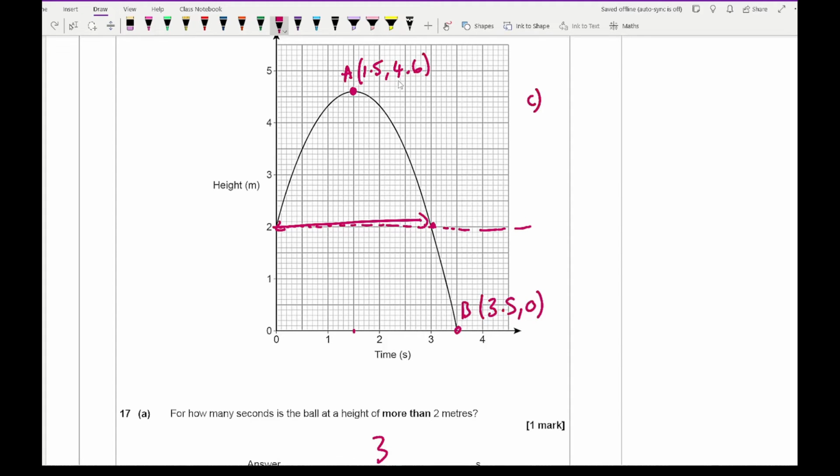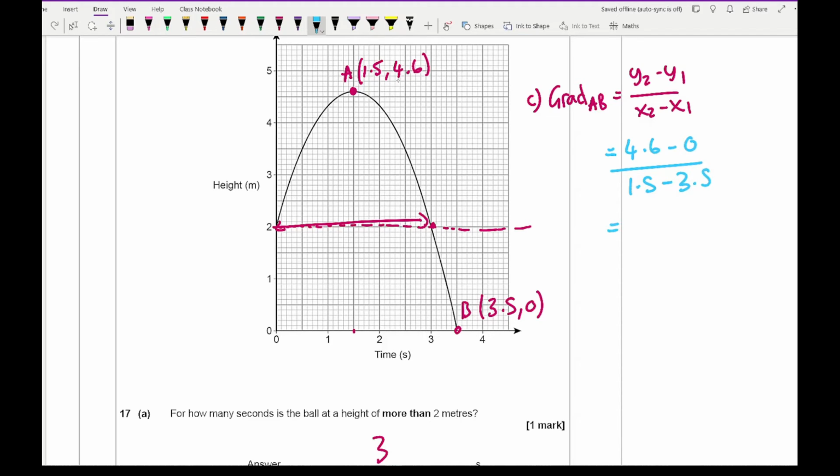For part C, I need to work out the gradient of AB. To work out the gradient, I'm going to use the formula y2 minus y1 over x2 minus x1, in other words, the difference in the vertical distance divided by the difference in the horizontal. So it's going to be 4.6 minus 0 over 1.5 minus 3.5.